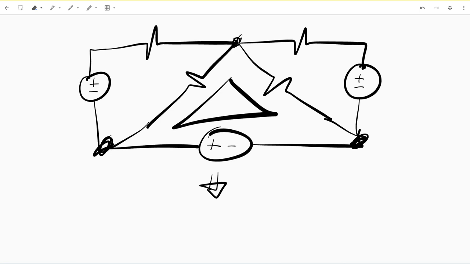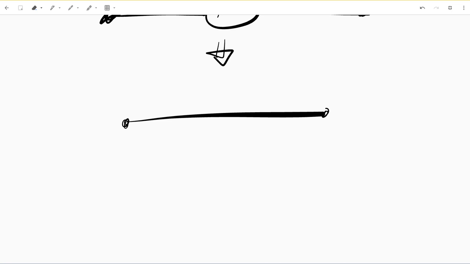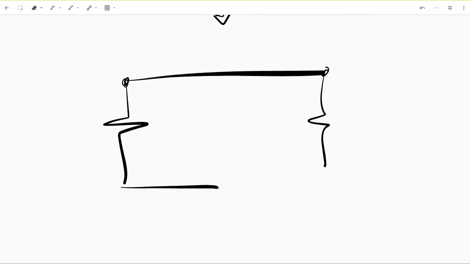So we know that this is a node, and we want all the components connected to this node to be in place. So we could just write that node here and expand it as such. And we could expand the rest of our circuit in this manner.